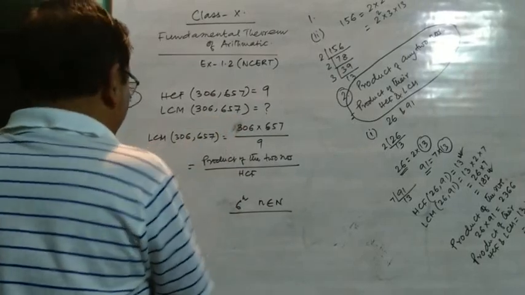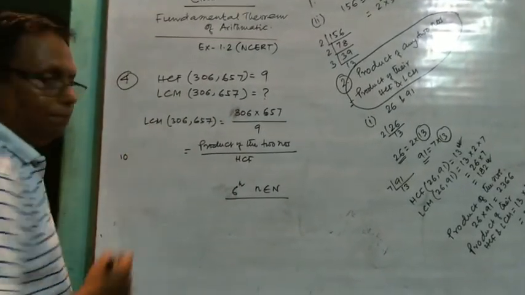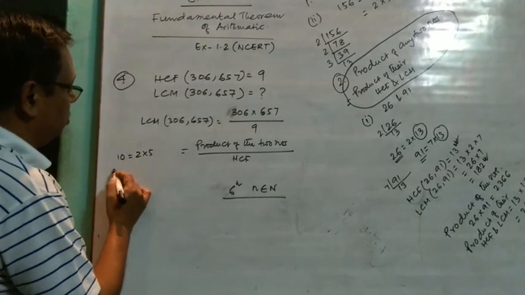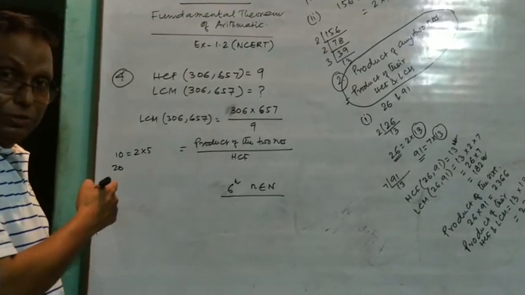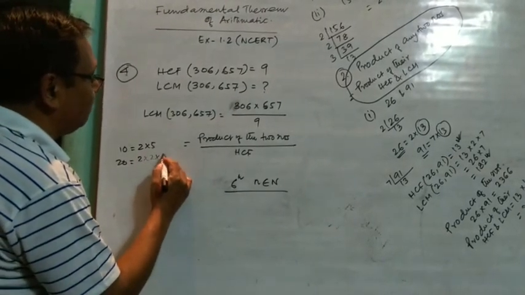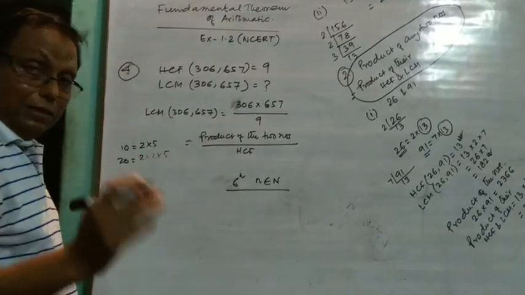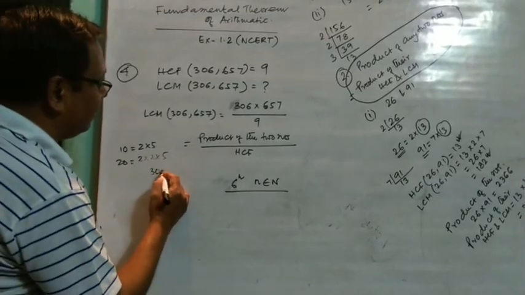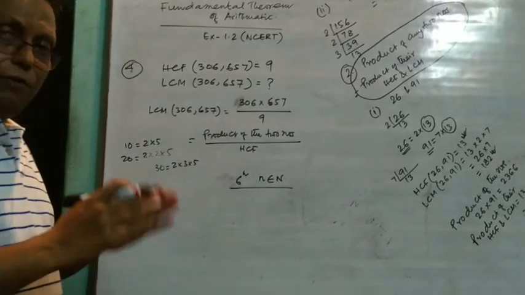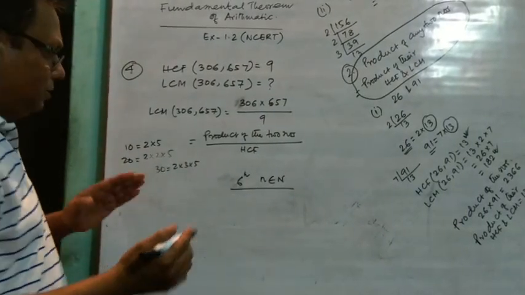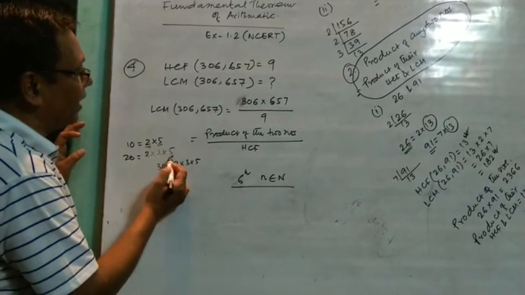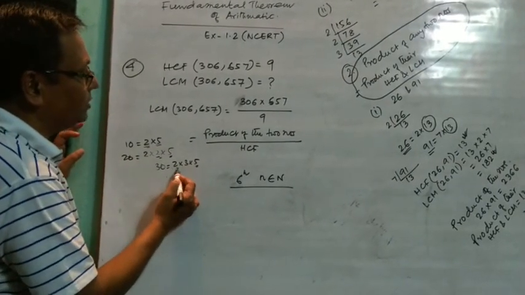See, the smallest number that ends with 0, 10. The factors are 2 into 5. 20, 0 ending number, it will have the factors 2 into 2 into 5. Now 30, 2 into 3 into 5. So what we are finding? If a number ends with the digit 0, it must have 5 and 2 as its factors.